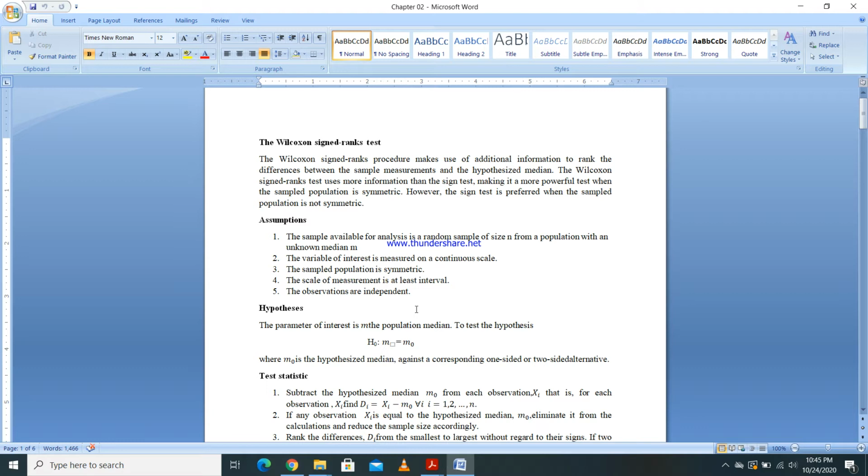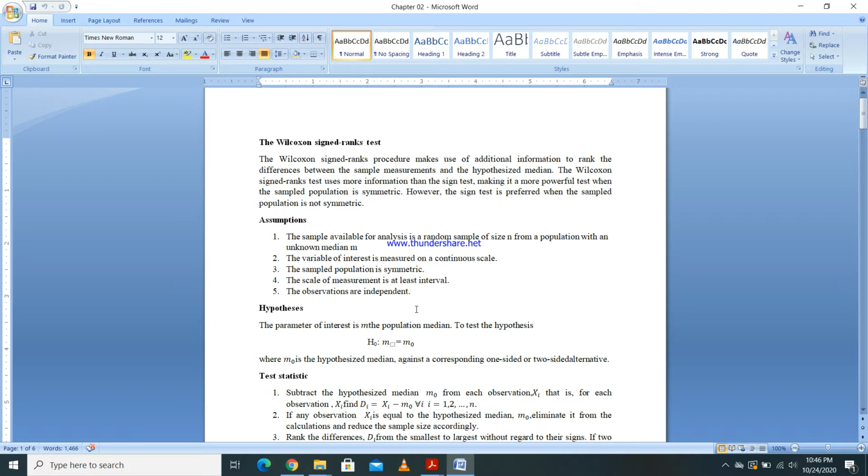But rather than counting the number of positive or negative differences, here we observe the value of the differences in your data set, and then we rank those differences. So you can understand, we use more information from your data set when you compare the sign test with the Wilcoxon signed rank test.